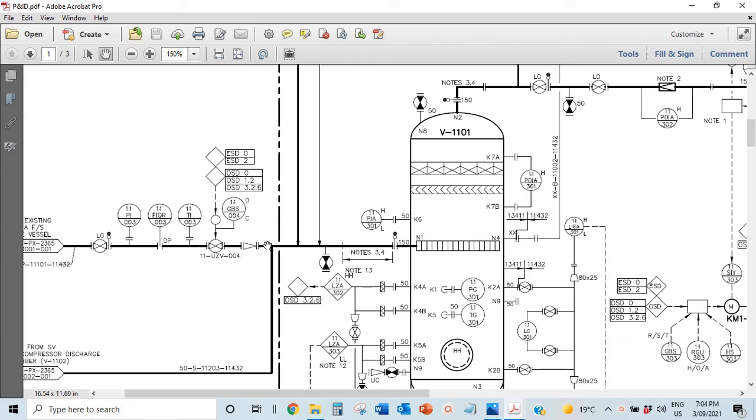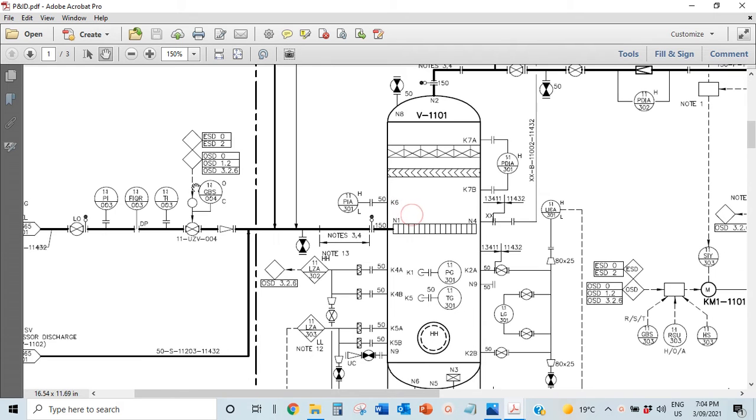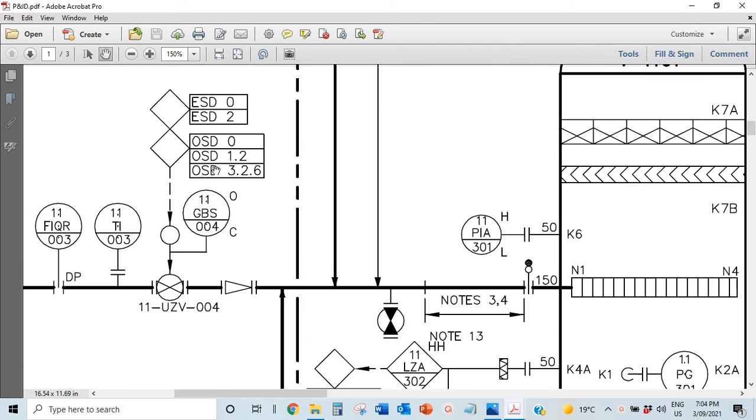Like if there's a gas leak and your gas detector picks it up, the system might be calibrated in such a way that it knows there's so much gas and there's likely to be a fire, and it would shut down. But most times it's because there's some fire around. So your heat detectors or your flame detectors will pick it up. Now those are connected to your shutdown valves.